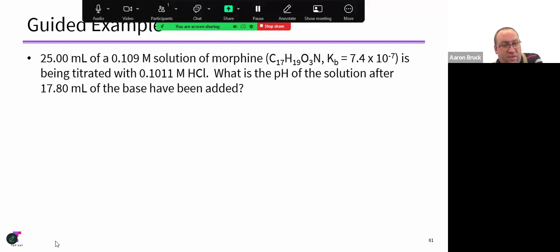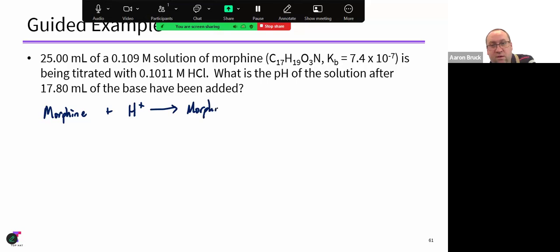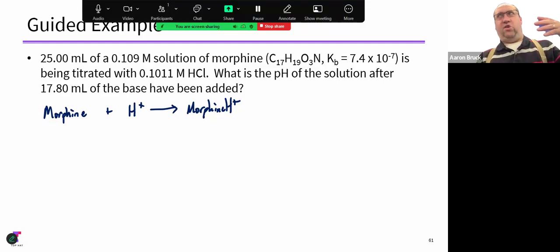Okay, so the chemical formula of morphine, again, I've given it to us here. It's not terribly relevant. We could just set up a stoichiometry that looks like this and be perfectly fine. We could also use abbreviations if we wanted to. It doesn't affect the interpretation of the end result here.